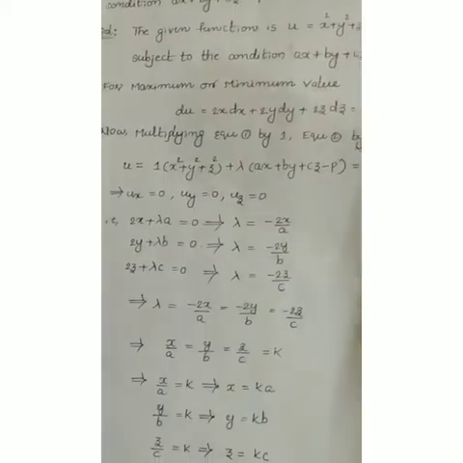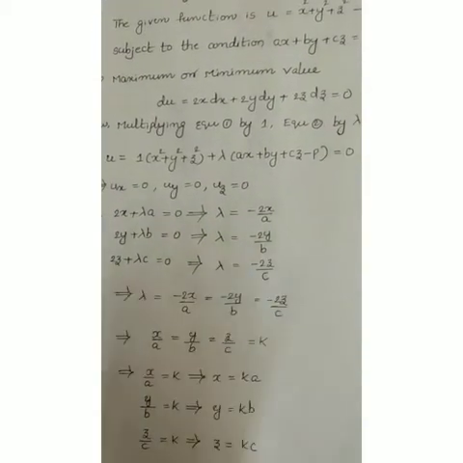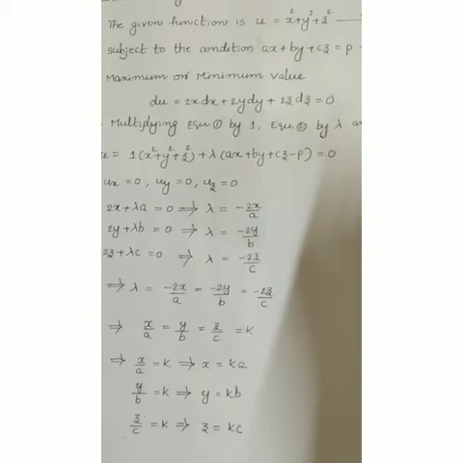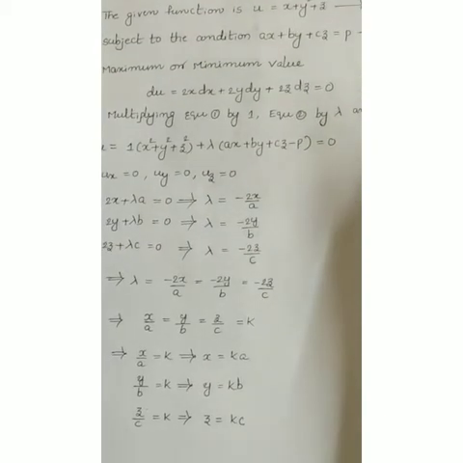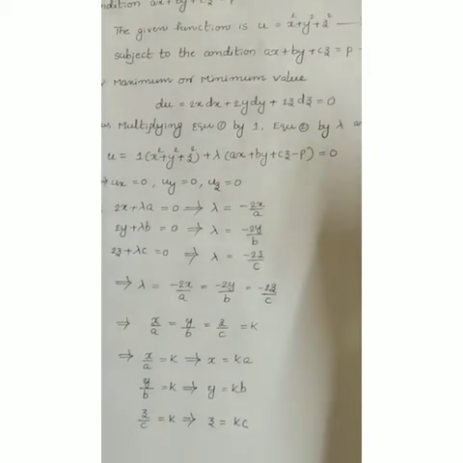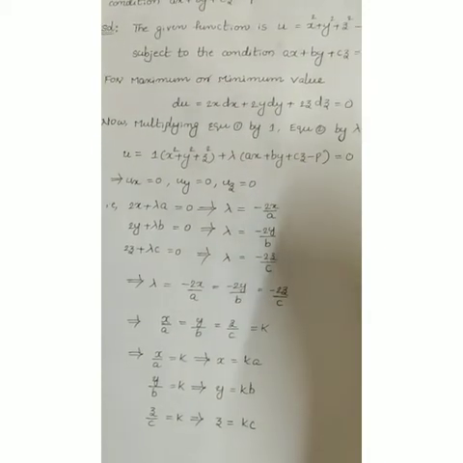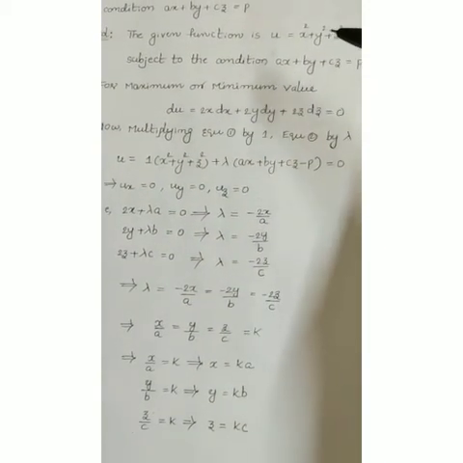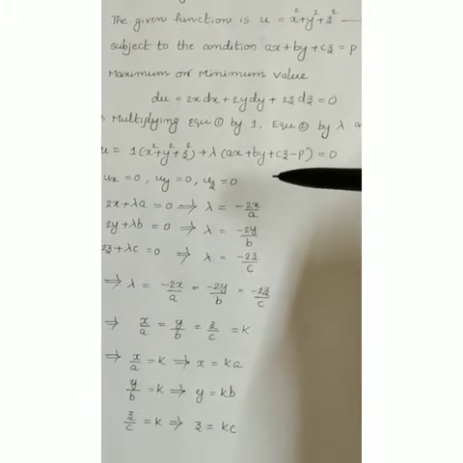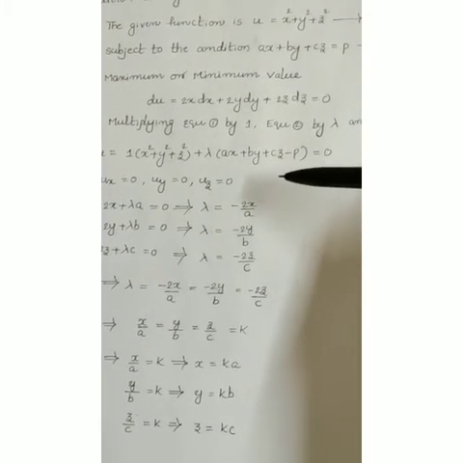So for finding maximum or minimum value we have to equate the first order partial derivatives with respect to x, y, z to 0, multiplying equation 1 with 1 and equation 2 with lambda.